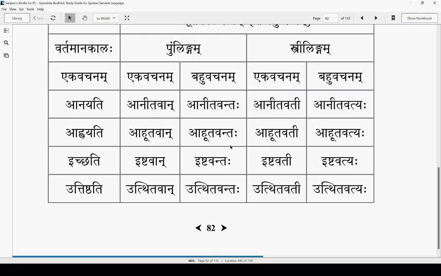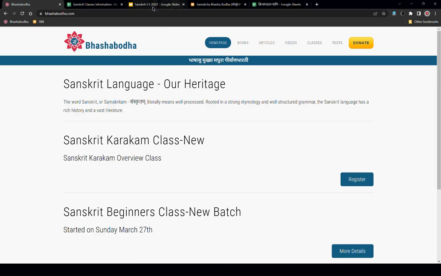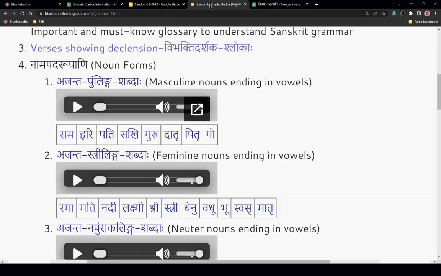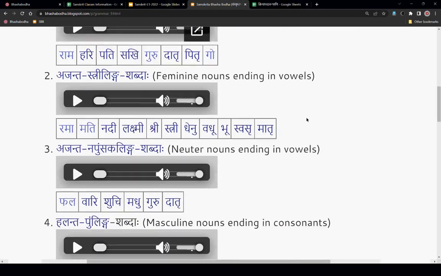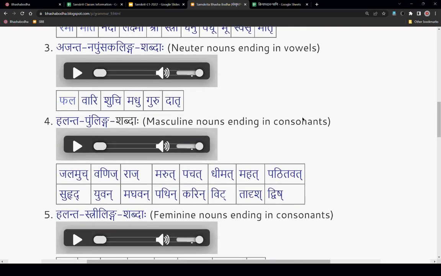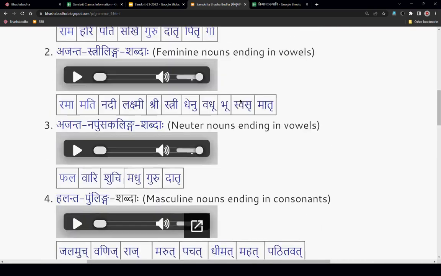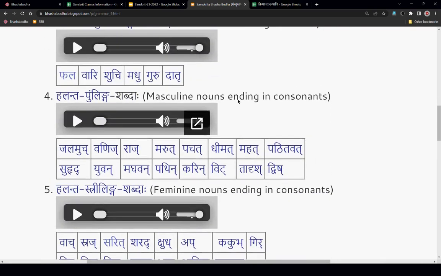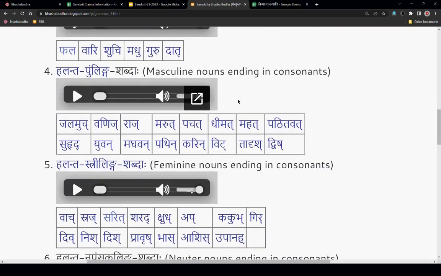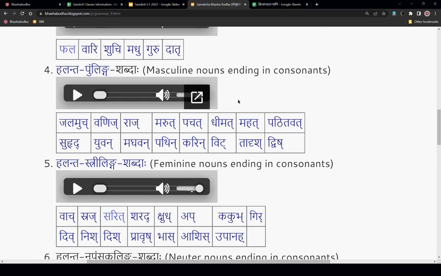Anitavan, Anitavantaha. This is a Halanta Pullinga Shabda, just like Bhavan, Bhavanto, Bhavantaha. So they are similar.